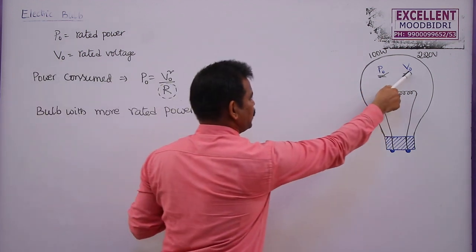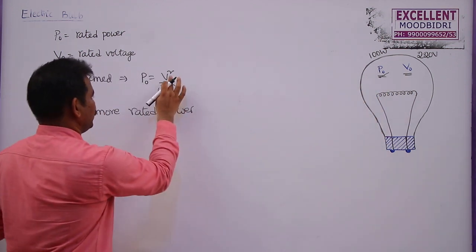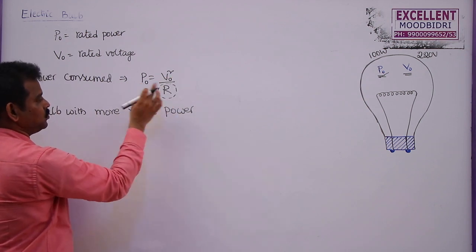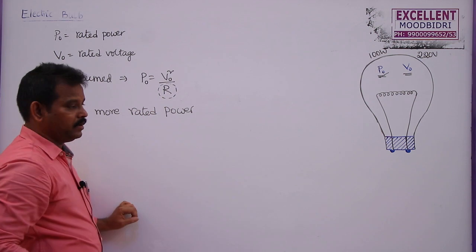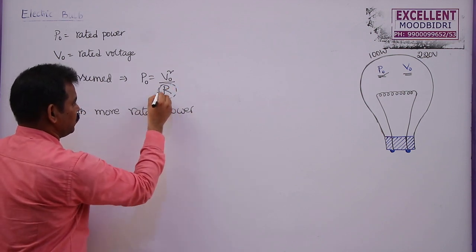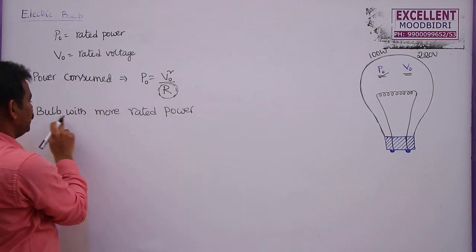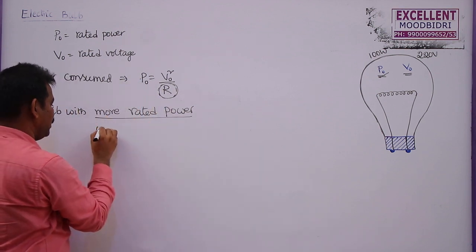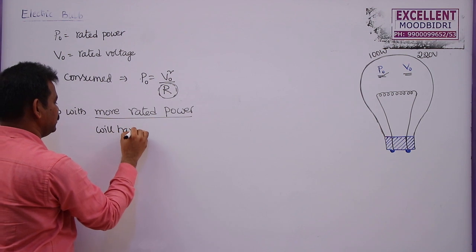So for this voltage, power consumed is this much only. When the applied voltage is exactly equal to the rated voltage, the power consumed will be exactly equal to the rated power. Then the bulb with more rated power will have less resistance.